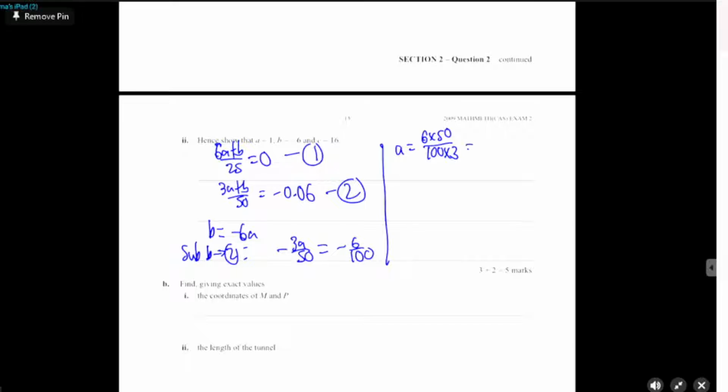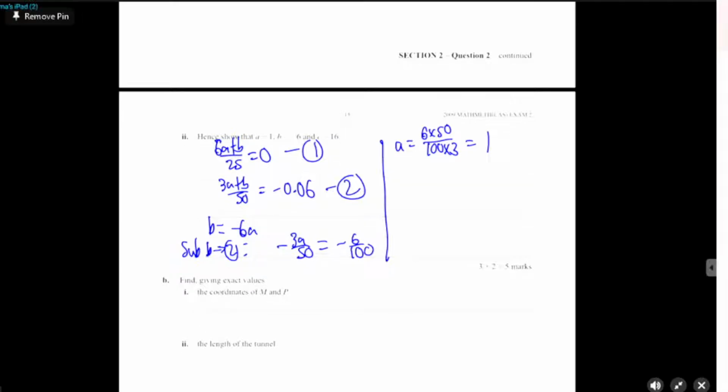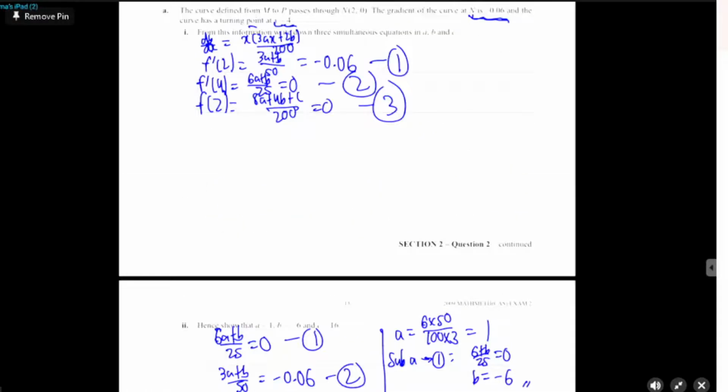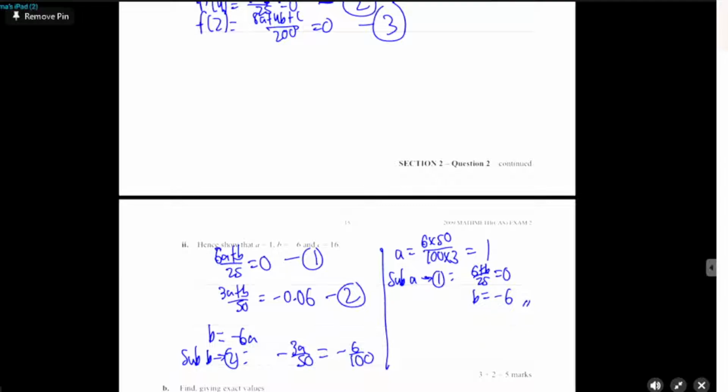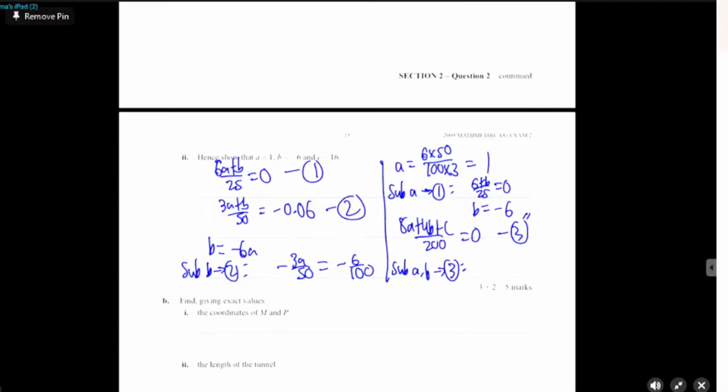Then when I sub the new value of a back into 1, you get (6 plus b) over 25 equals 0. Therefore, b has to equal negative 6. Then when I sub a and b into my third equation, you get 8 minus 24 plus c equals 0. That means c has to equal 16.